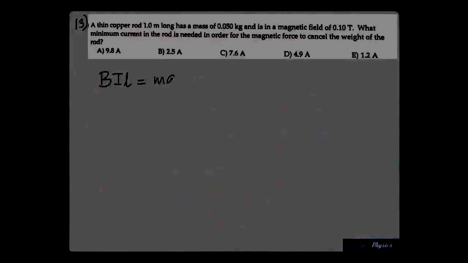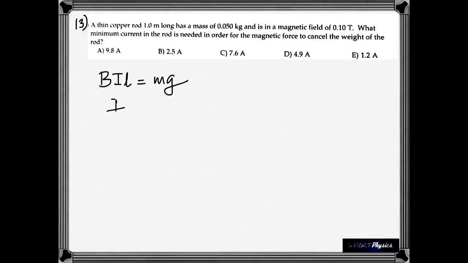Here you have a thin rod, length given, mass given, and it's in a magnetic field. And the question is, what current should pass through the rod so that its weight is cancelled out? The weight of an object is mg, and the force is BIL, the field times the current times the length.